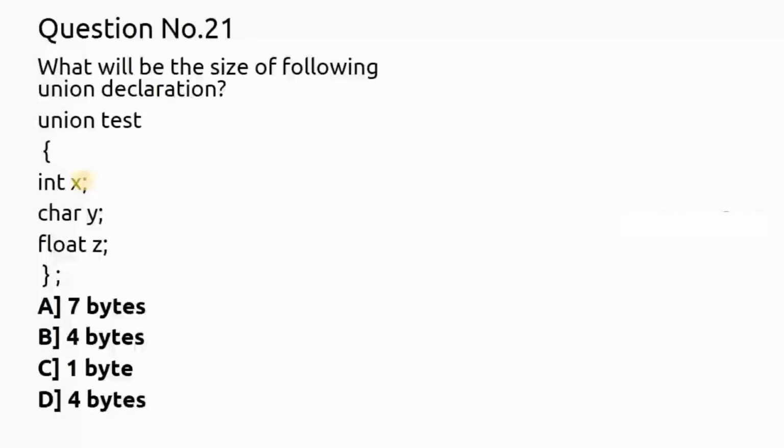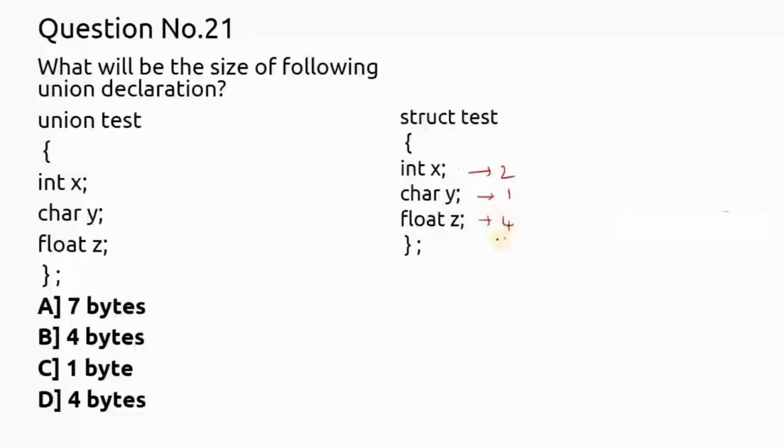If you declare a structure like this, what will be the memory allocated? The size will be int x for 2 bytes, char 1 byte, float 4 bytes, totally 7 bytes will be allocated when you declare it as a struct.